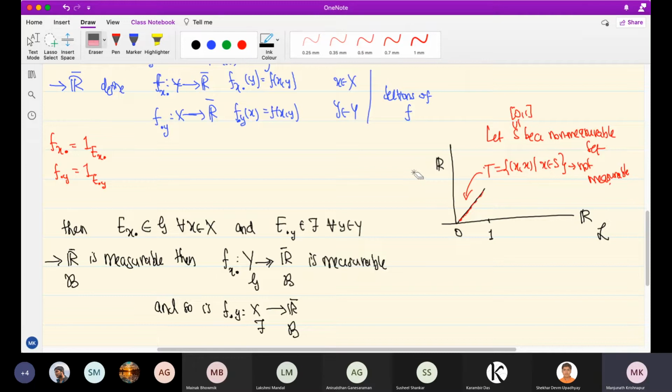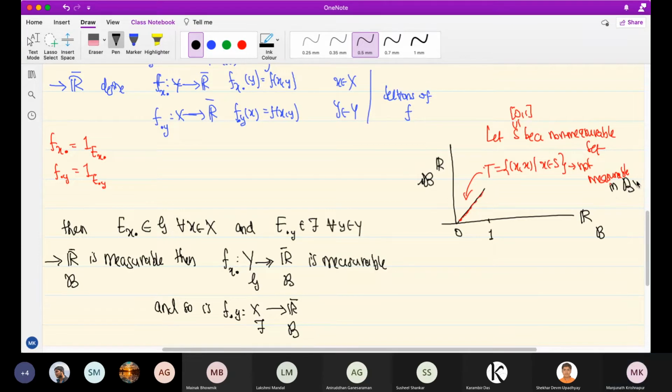That S will be as before, but this will be the Borel sigma algebra. S is a non-measurable set, not even Lebesgue measurable, and take T to be (x, x) where x is in S.